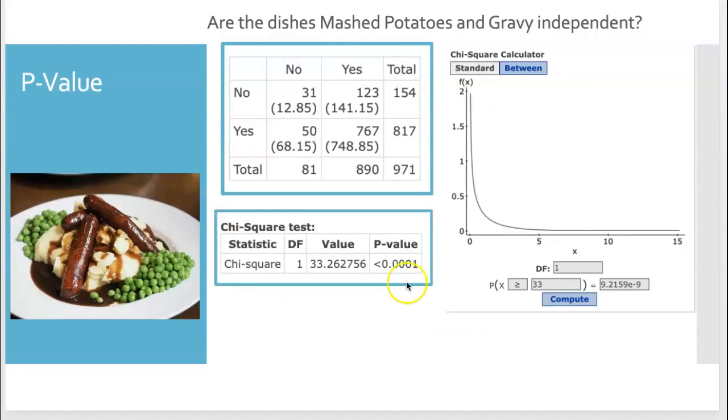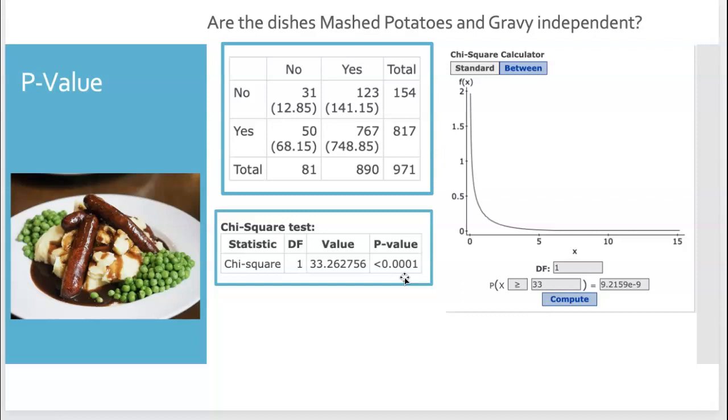So what this result is saying is that, assuming mashed potatoes and gravy are independent on Thanksgiving dinner, the probability of observing our test statistic of 33 or larger values is pretty much impossible. It's a very, very small probability, so a surprise occurred.